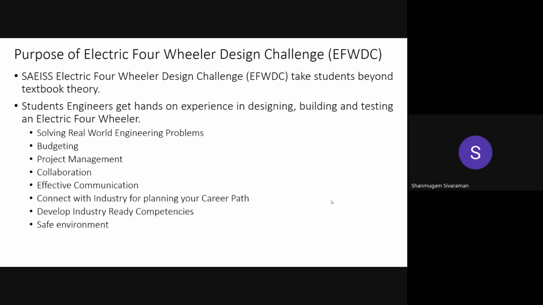This is when every one of you starts thinking individually as well as collectively, and comes up with one layout which you can present to the industry volunteers, who will evaluate your DR1, basically the design report for stage 1 or milestone 1. And that is possible because of effective communication.